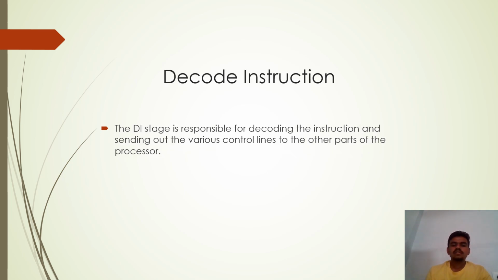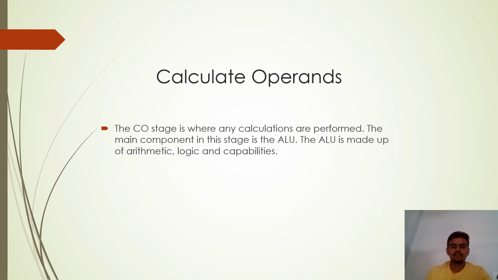The DI stage is responsible for decoding an instruction and sending out the various control lines. Calculate operands. The CO stage is where any calculations are performed. The main component in this stage is the ALU, which is made up of arithmetic and logic capability.